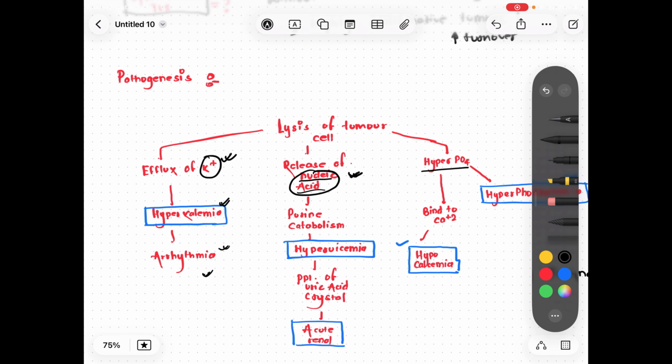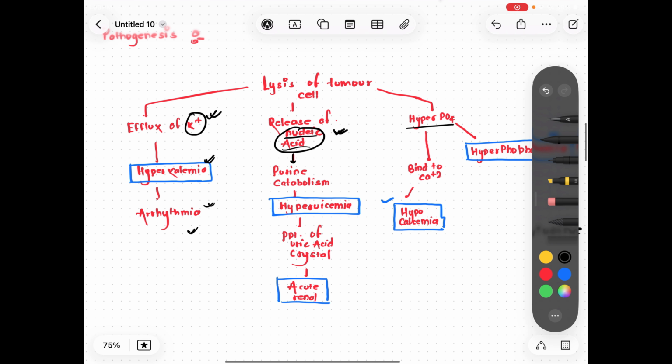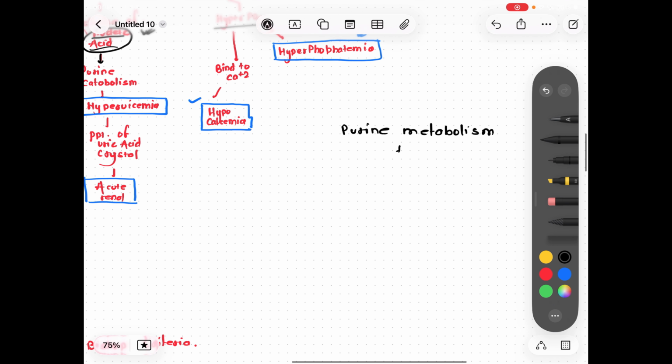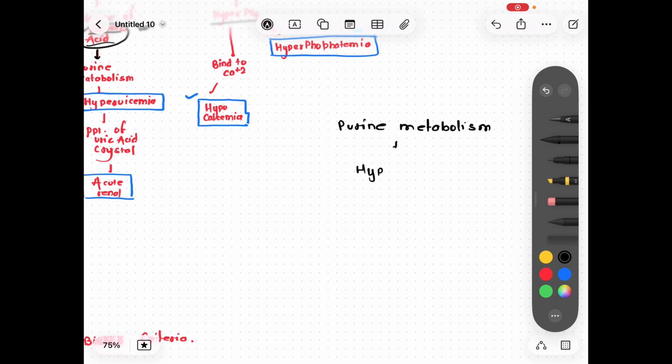Now release of large amounts of nucleic acid leads to formation of lots of purine. The purine ultimately gets converted into uric acid, which causes hyperuricemia. So we can quickly go through the purine metabolism. Hypoxanthine gets converted into uric acid with the help of the enzyme xanthine oxidase. First, using xanthine oxidase, hypoxanthine is converted into xanthine, and again using the same enzyme, it gets converted into uric acid.